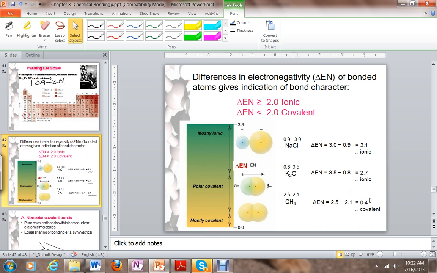For example, here 0.4 would be a nonpolar bond. The rest of them, if it's different from 0, is around here. If you have 0.2, 0.1, 0.3, and 0.4, it's nonpolar. And 0, of course, because if you have two identical atoms, or the electronegativity is identical, the difference in electronegativity would be 0. And we know it's a nonpolar covalent bond.